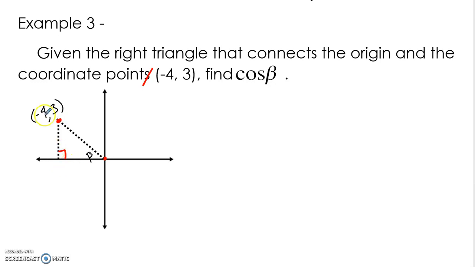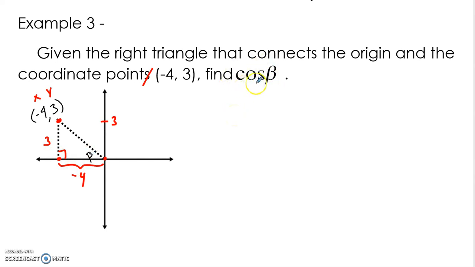I know that -4 is my x, and 3 is my y. So this spot here is going back to -4, and up here, we're at 3. So this is -4, and this length is 3. We're going to incorporate the negative and positive aspect of it to find the cosine of beta.